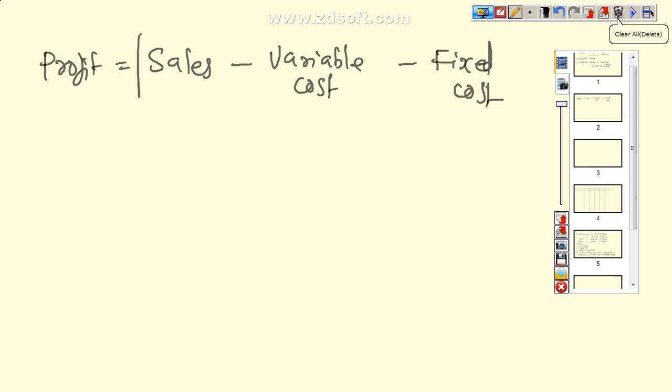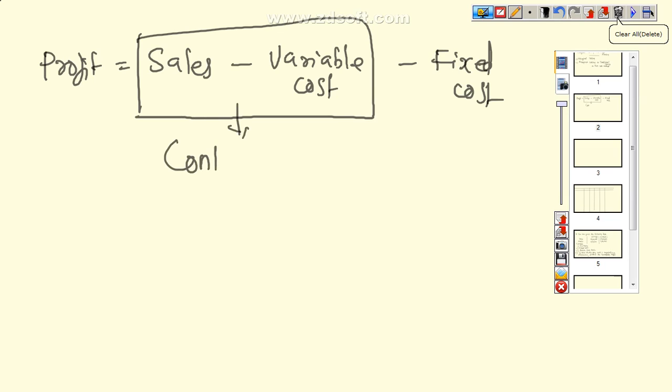The difference between sales and variable cost, we term it as contribution. So first we have to calculate contribution. After calculating contribution, we deduct fixed cost in order to calculate profit or loss in case of marginal costing.